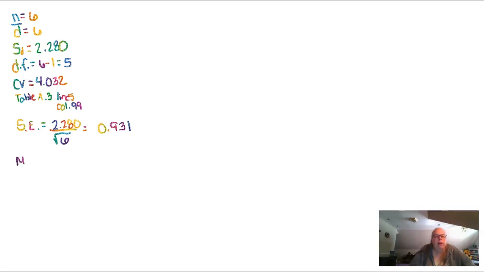The margin of error, this is going to be our critical value, 4.032, times the standard error we just found, 0.931. And this is going to give us 3.754.